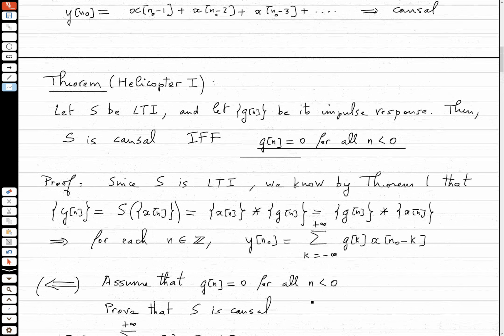All right. Next question. Why did I call this helicopter one? The reason is not easy to explain in this room because there's no window. I used to teach that in a room upstairs, a Mac building with a window.